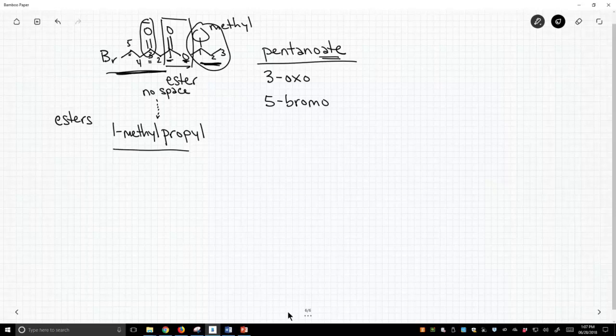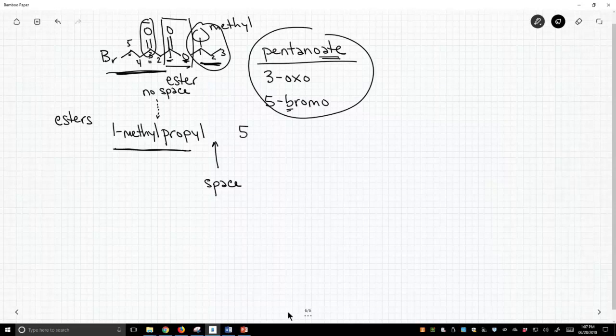So after we assemble this part of the name, we then have a space. This is one of the very rare instances where you put spaces in proper chemical names. So it's 1-methyl propyl space, and now we assemble our pentanoate. So we just alphabetize our substituents.